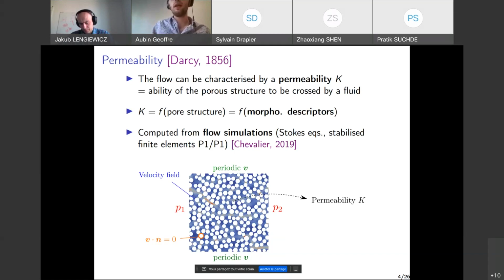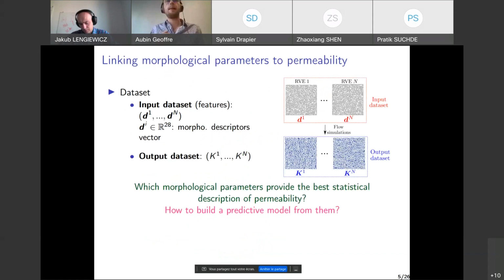In the end, we have an input dataset that corresponds to our features, made of the morphological descriptors vector for each of the n volumes under consideration. That's the red box.